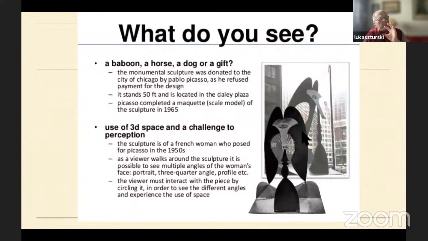And you have, by activity of your own imagination, somehow connect different pieces of the view of that sculpture from different direction to see your own object. It might be, as it says here, a baboon, a horse, or dog.